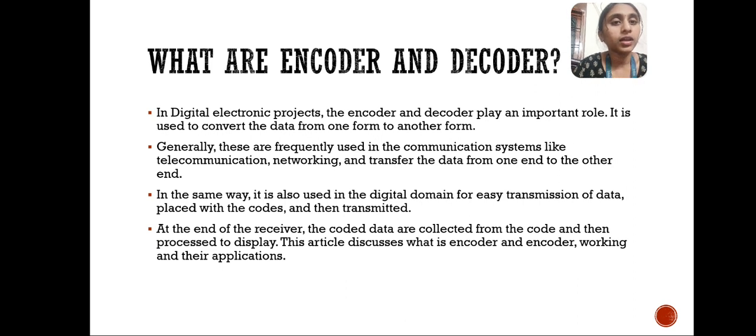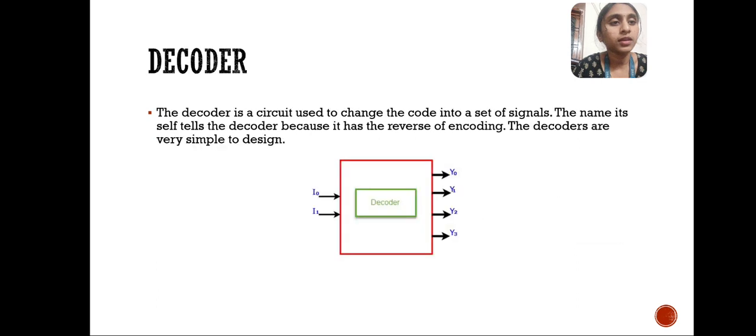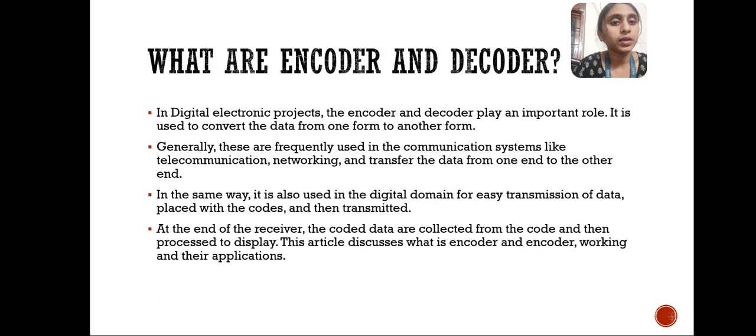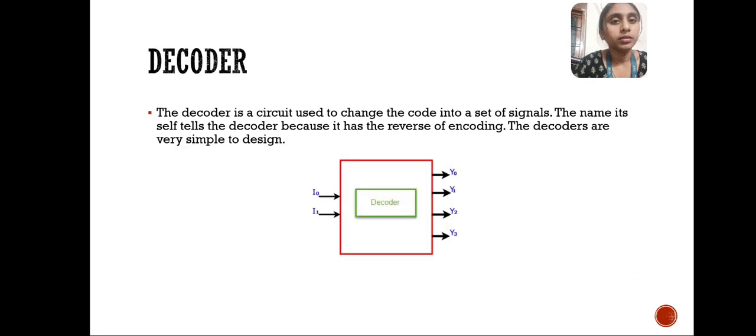In the same way, it is also used in the digital domain for easy transaction of data placed in the codes and then transmitted. At the end of the receiver, the coded data are collected from the code and then processed to display. This article discusses what an encoder and decoder are, their working, and their applications.